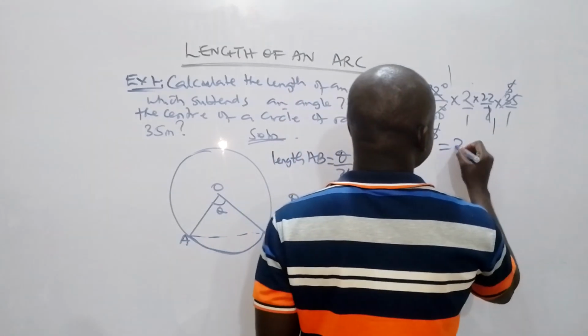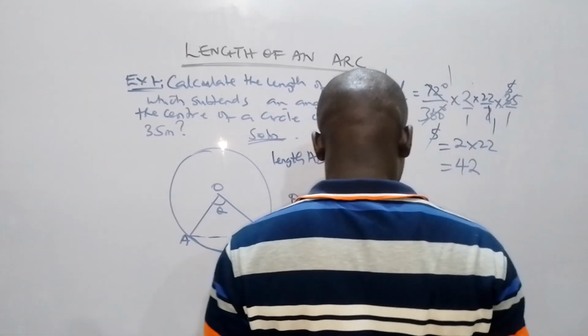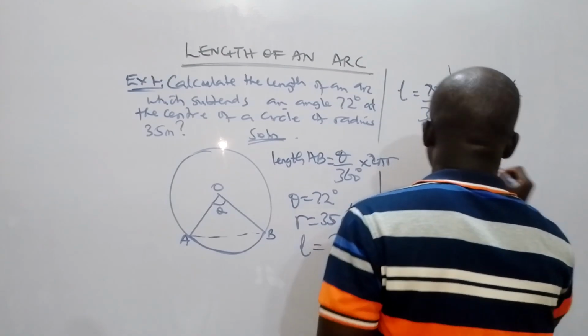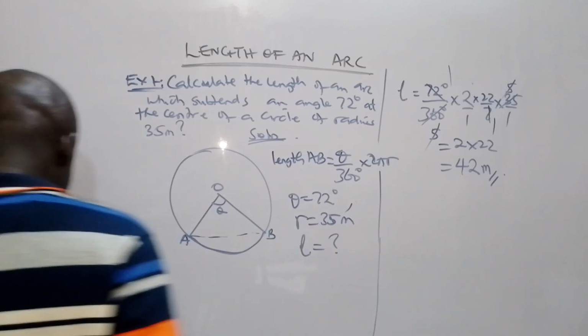At the end of the day, we are left with 2 times 22, and that is 44. That's going to give us 44 meters. So the length of that arc is 44 meters. So let's take another example.